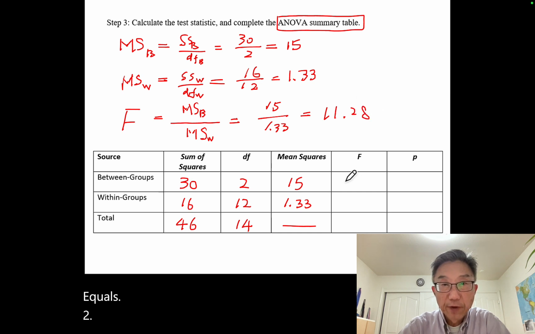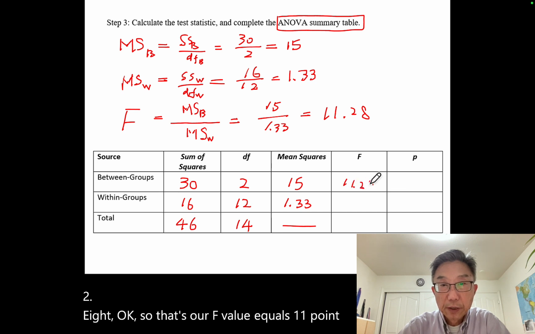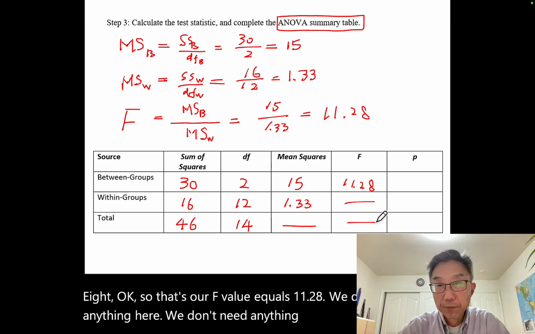Okay, so that's our F value, 11.28. We don't need anything here.